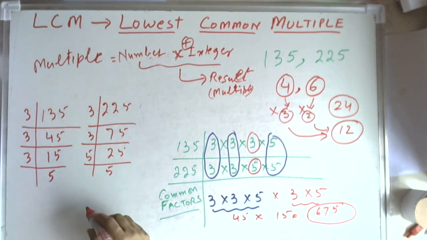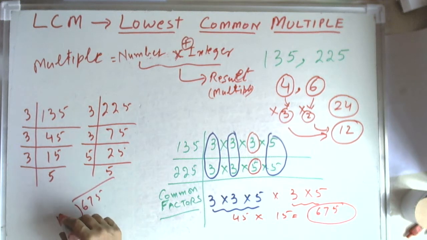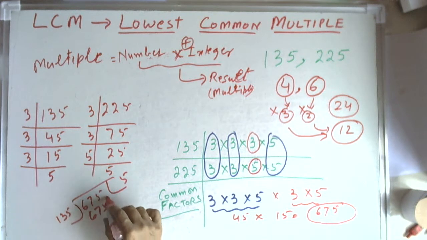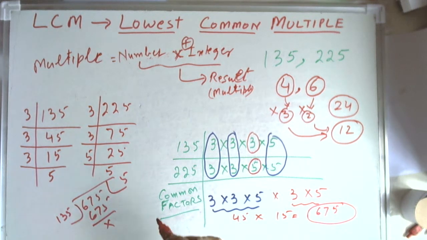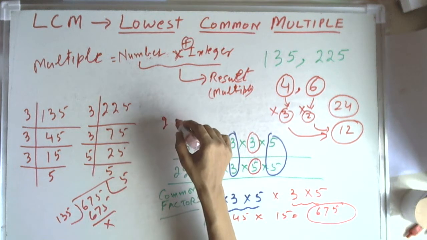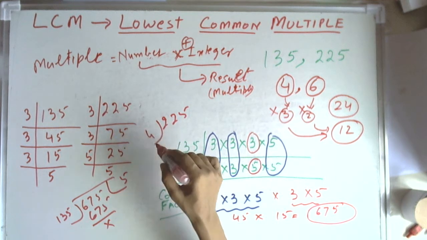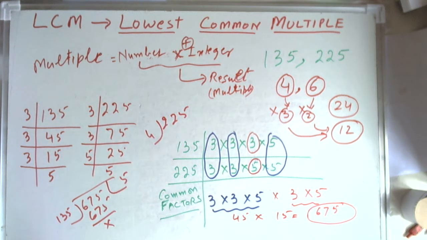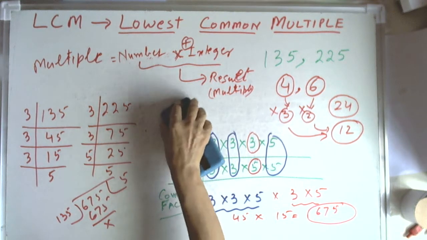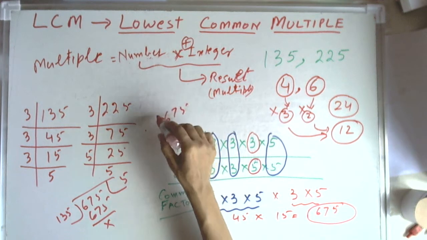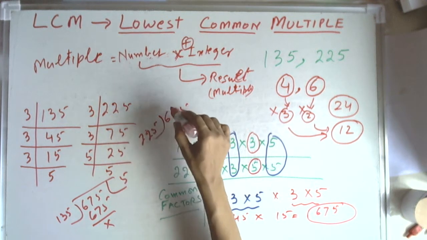So we can try to divide 675. We divide by 135. We know that it will get divided by 5, and the remainder is 0. And similarly, we divide 675 by 225. What do we get?